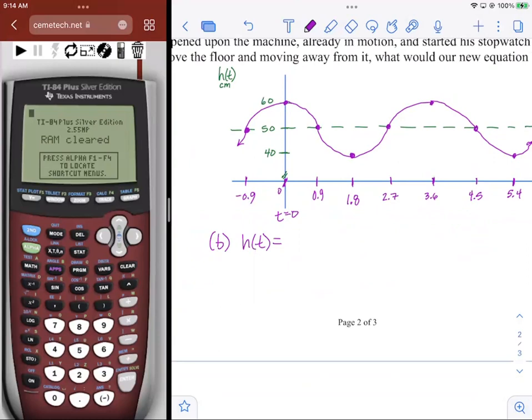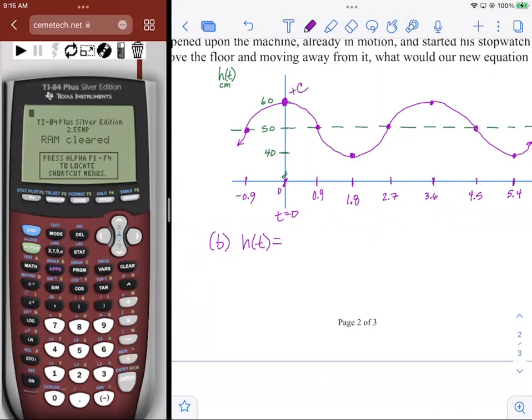But what would be the easiest function to write that would not require a phase shift? Cosine, right? If 0 is ever a critical value, and it is here, you can write whatever function that is at 0 without a phase shift. So let's do that. Because up here is a high point at 0, we'll use a positive cosine.